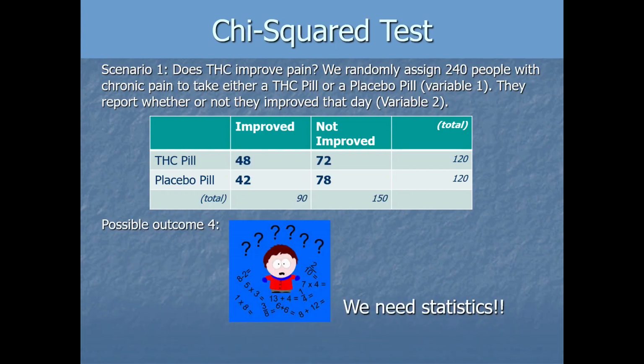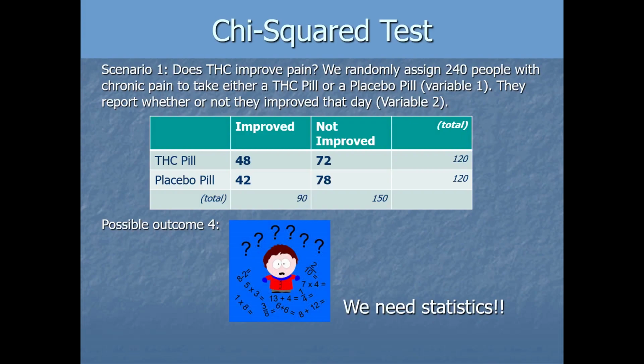But of course, more realistically, if we carry out this experiment, we'll probably get results that look something more like this. Some numbers where there might be a difference between the groups in our sample data, but it's not so extreme as to be totally obvious whether there's a real difference that would show up out in the whole population. Like, is 48 versus 42 different enough to be confident that THC works better in general?